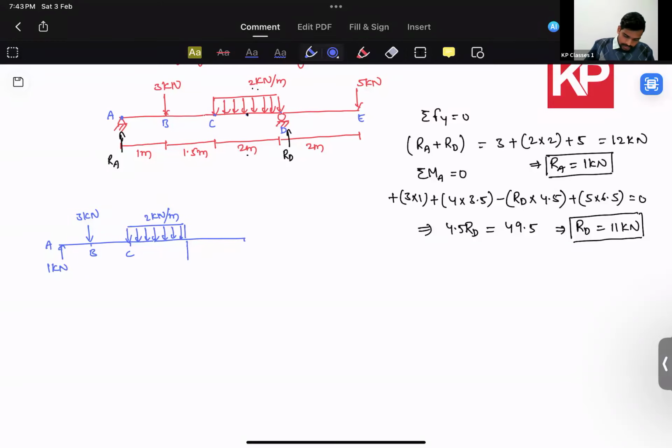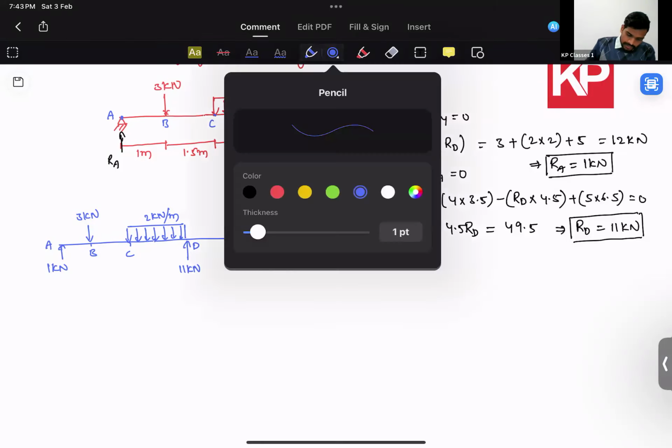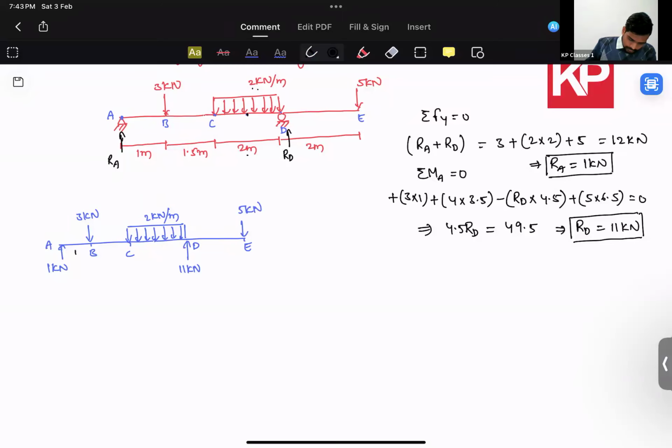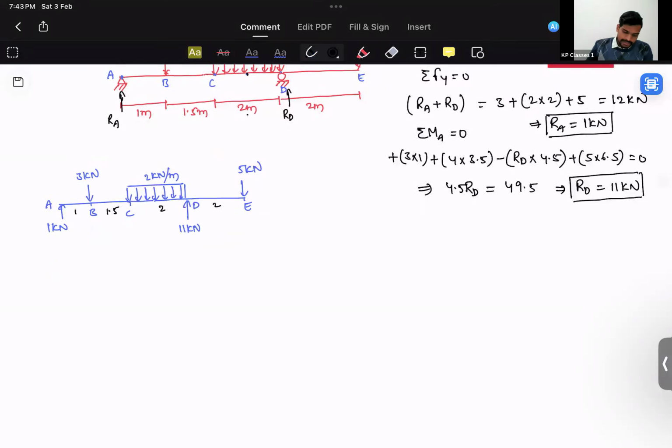Let me write it as an upward reaction of 11 kilonewtons. And finally at point E, there is a force acting in the downward direction of 5 kilonewtons. So that's the beam after solving for the support reactions. If I write down the spans, this will be 1, this is 1.5, this is 2, and this is also 2 meters.